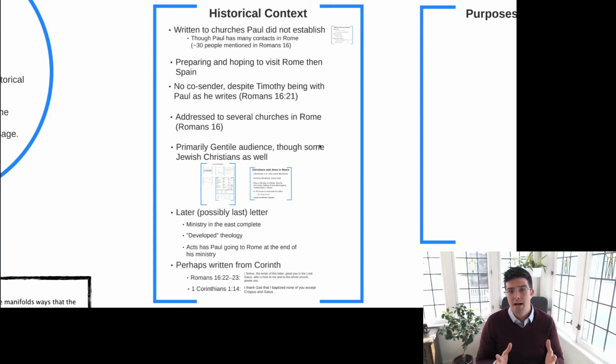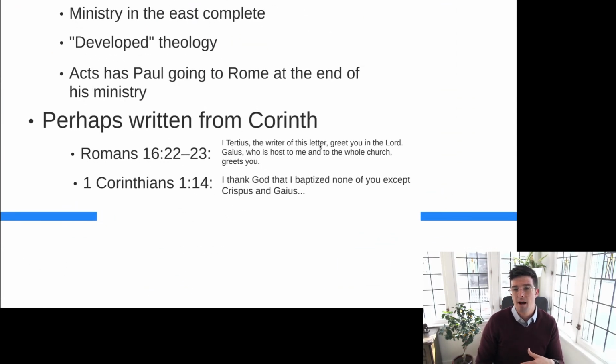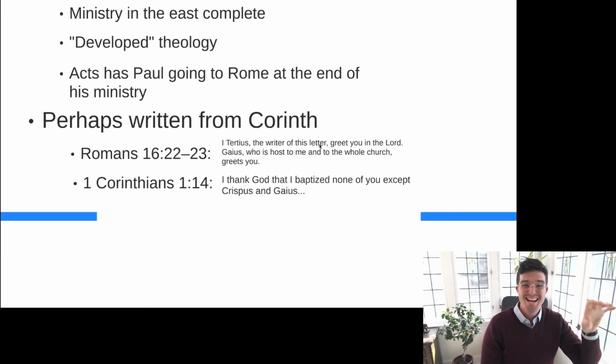And lastly, if it's probably one of Paul's last letters, it's probably written from the city of Corinth. This is primarily based on Romans 16:22 and 23, and 1 Corinthians 1:14. When Paul is writing to the Corinthians in Corinth, he says that he thanks God that he baptized no one except Crispus and Gaius. So here we have 2 names of people we know who are residents of Corinth and who are in Paul's movement, in the early Jesus movement in Corinth.